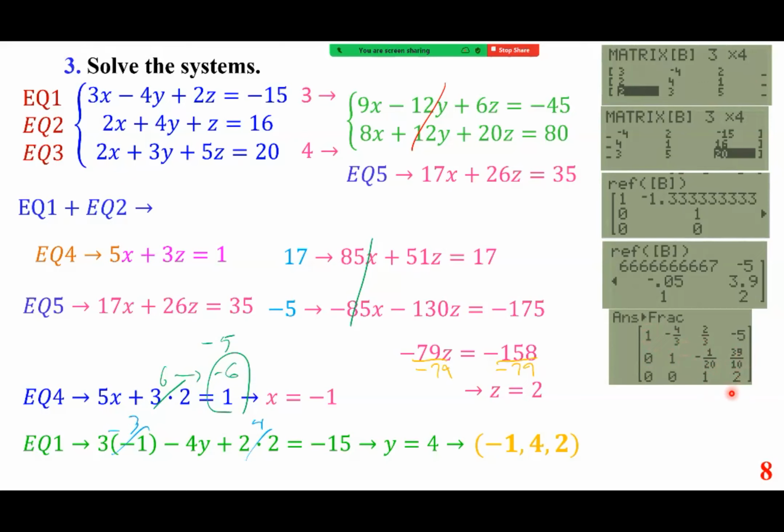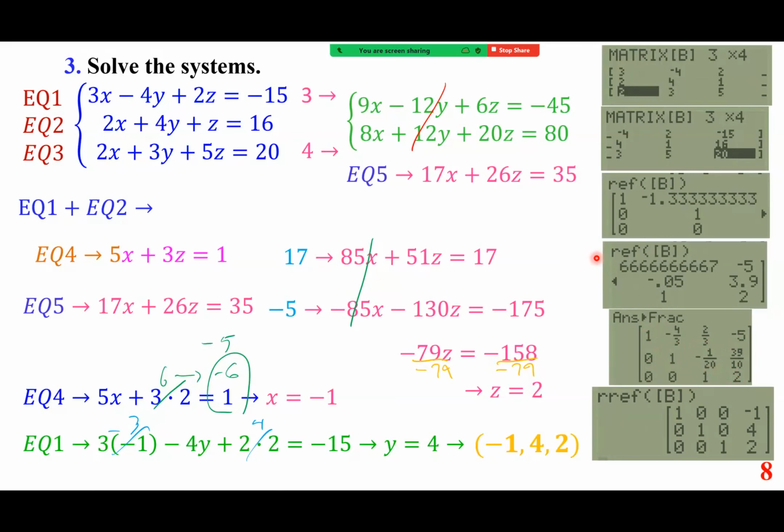And so you can solve it now on your own. But if you go with, instead of REF, RREF, this last column is the answer as we have it. Of course, we would go with RREF, but I hope it's clear to everybody as to what's going on.